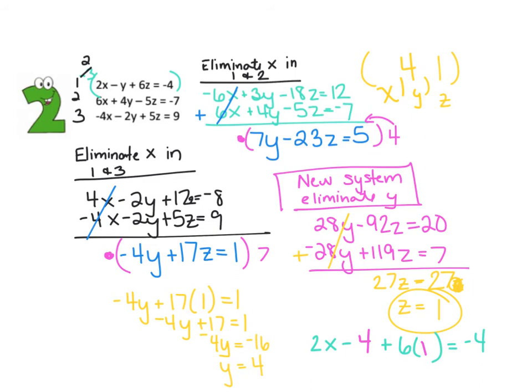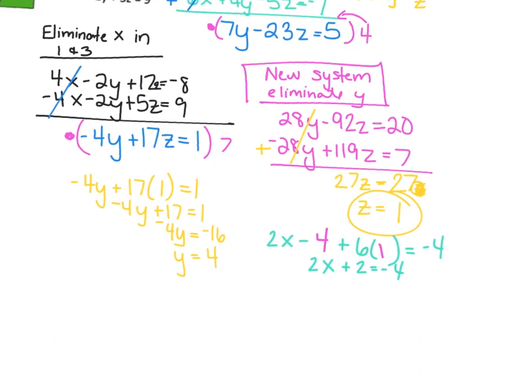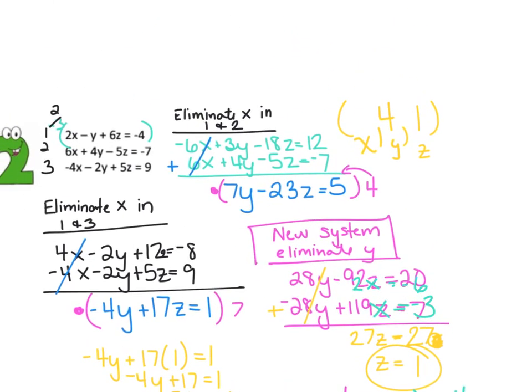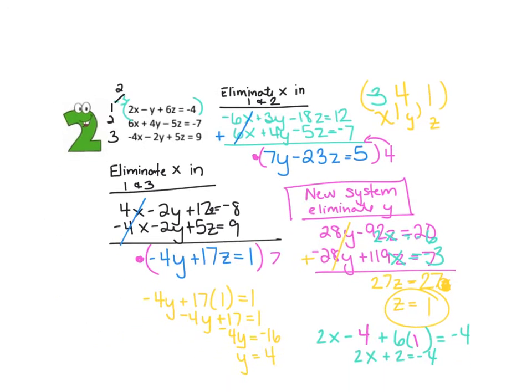So this would be 2x minus 4 plus 6 would be +2. So 2x plus 2 equals -4. I need to subtract 2 from each side, gives me 2x equals -6, so x equals -3. And there's my ordered triple. I'm going to fill in -3. All right.